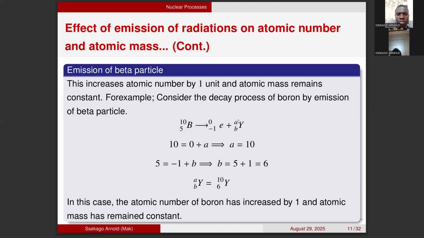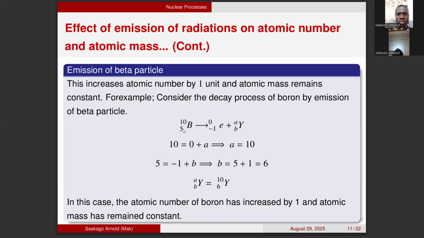So we now look at establishing what this new atom is. Up here we have 10, so 10 equals 0 plus A. Making A the subject, A equals 10 minus 0, and 10 minus 0 is 10.